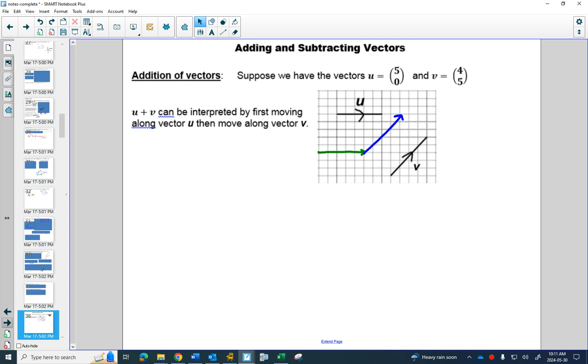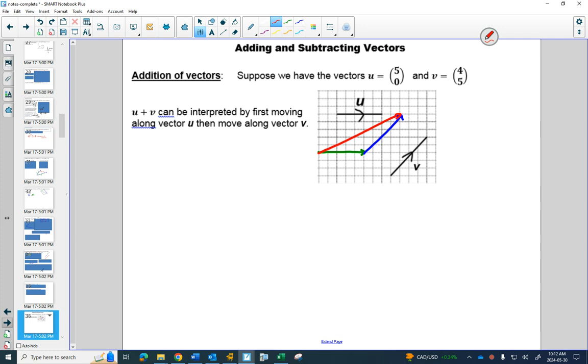You do U first, and then you do V. So when you're adding vectors, you can put them anywhere, because vectors are free, but you're going to put the tail of your second vector to the head of your first vector. Because if you did U first, this is where you got to, and then if you're going to do V after that, from where you got, this is where you're going to end up. And this is what has happened.